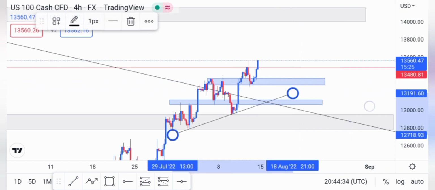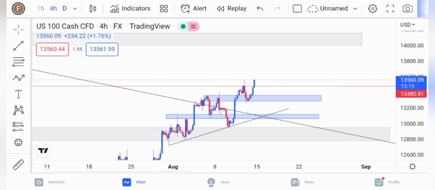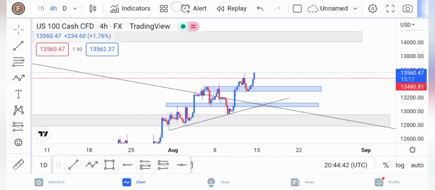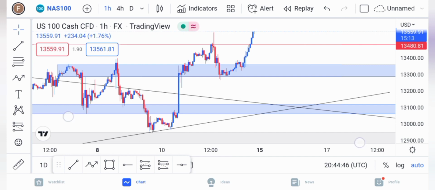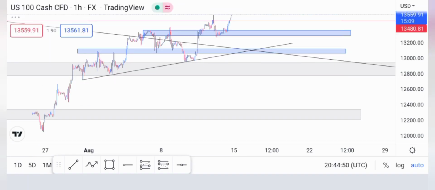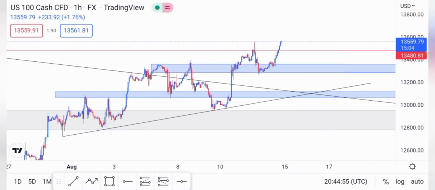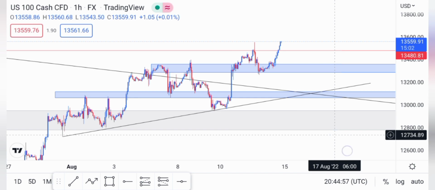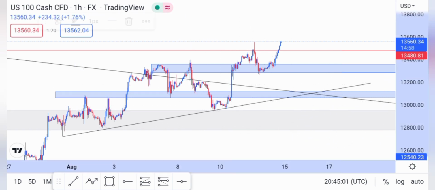I've already laid out my levels before. I started recording to save a little bit of time. As you can see, it already broke out from that level, and now you're on the 1 hour time frame. Under the 4 hour time frame, there's nothing much that I'm seeing. Let us remove this one over here because NAS100 already broke off.